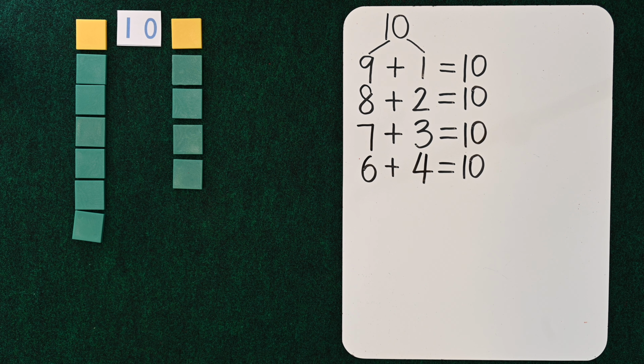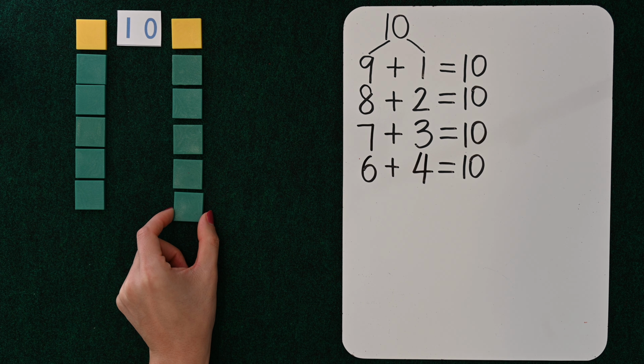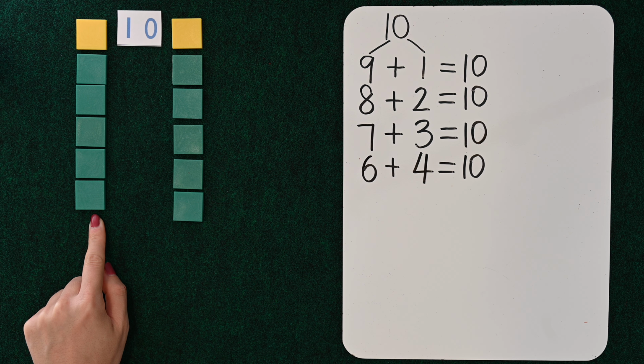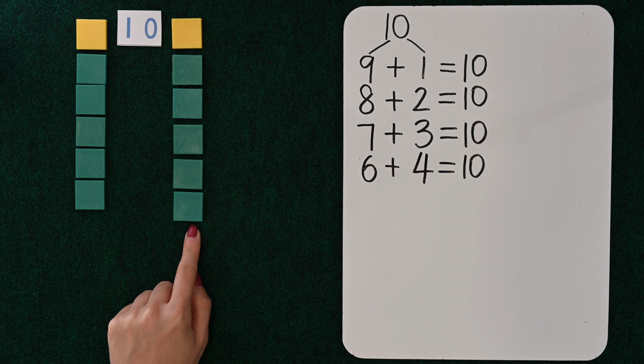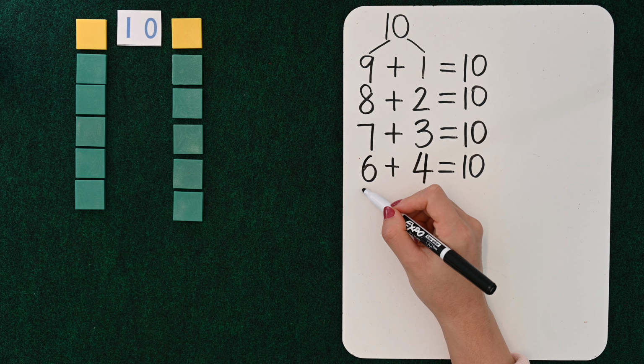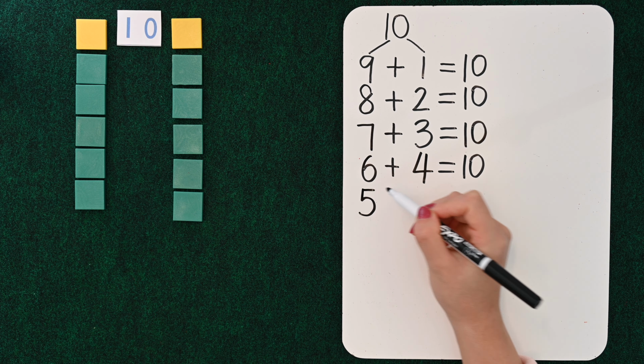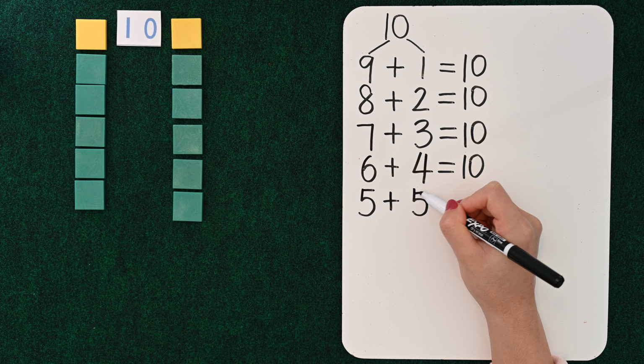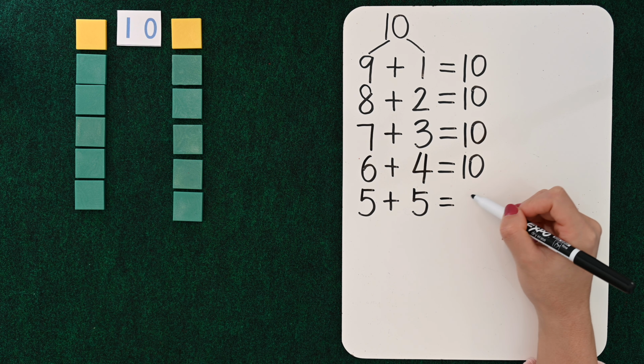Let's move one more cookie over. I wonder if this time they're going to be equal to each other. The first kid has how many cookies? 5 cookies. Kid 2 has how many cookies? 5 cookies. Total is still 10. Let's write it down. 5 plus 5 equals 10.